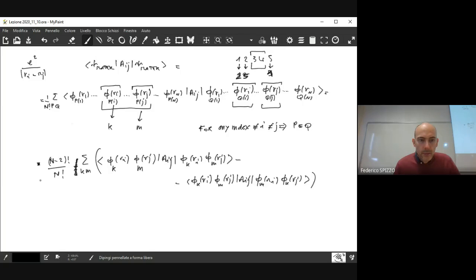So in this case, we may write this as (n minus 2) factorial divided by n factorial, which gives us 1 divided by n times (n minus 1) in front of the summation.